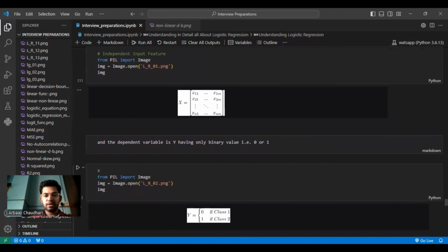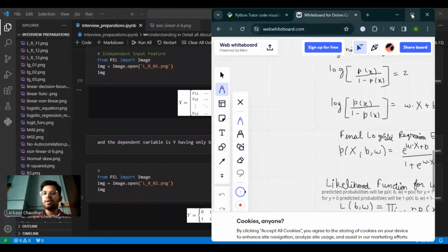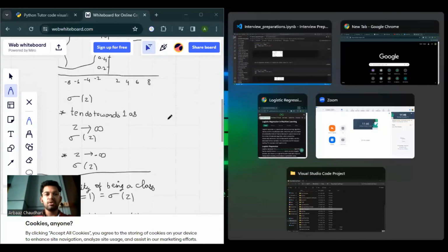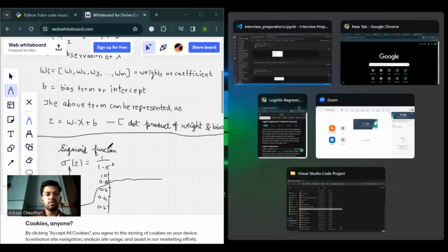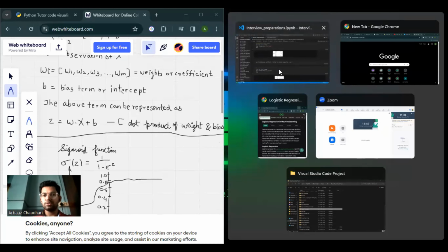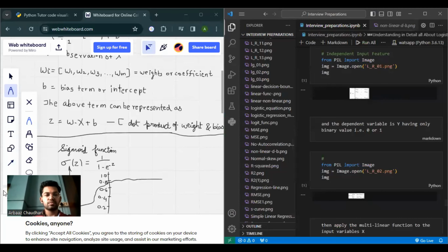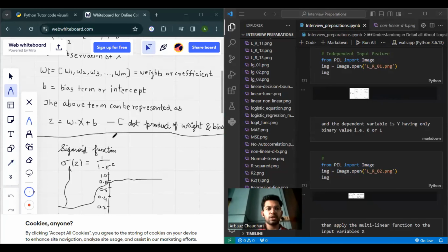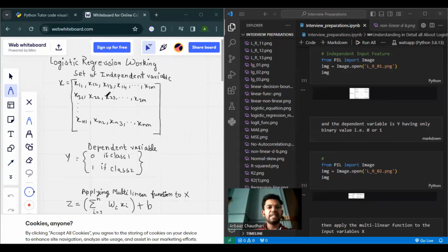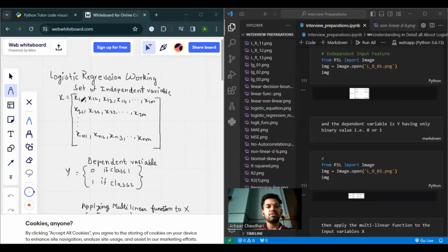I will be explaining you one by one. So the set of independent variables are there: x1 feature, x2 feature, and there could be many data points, meaning many rows.